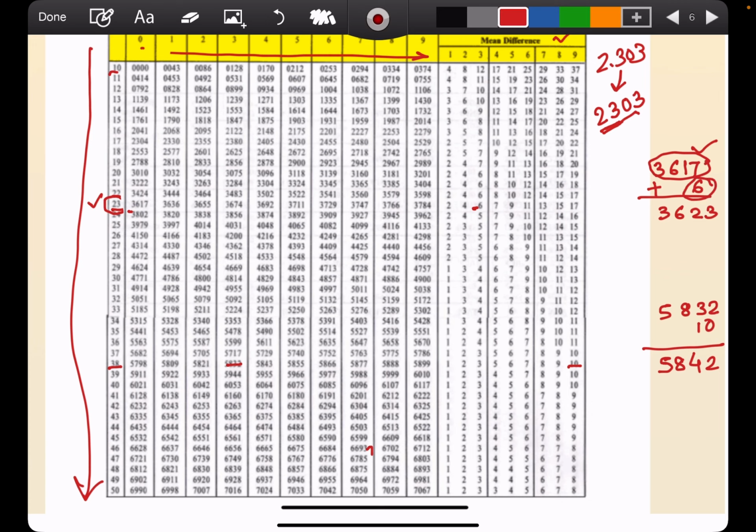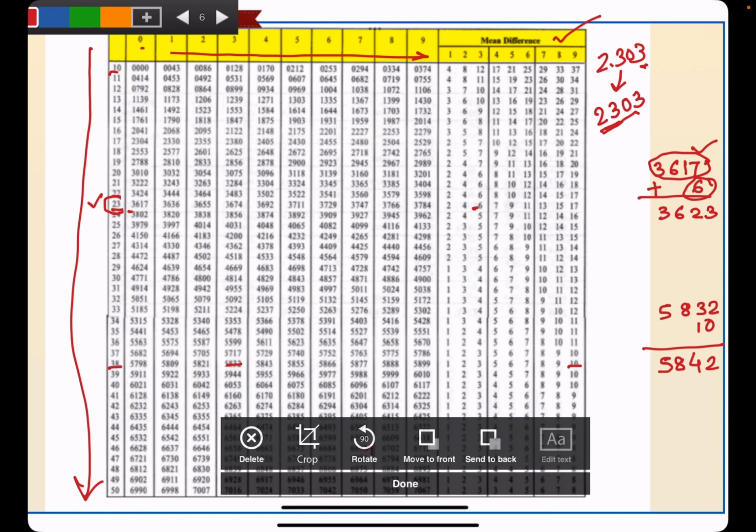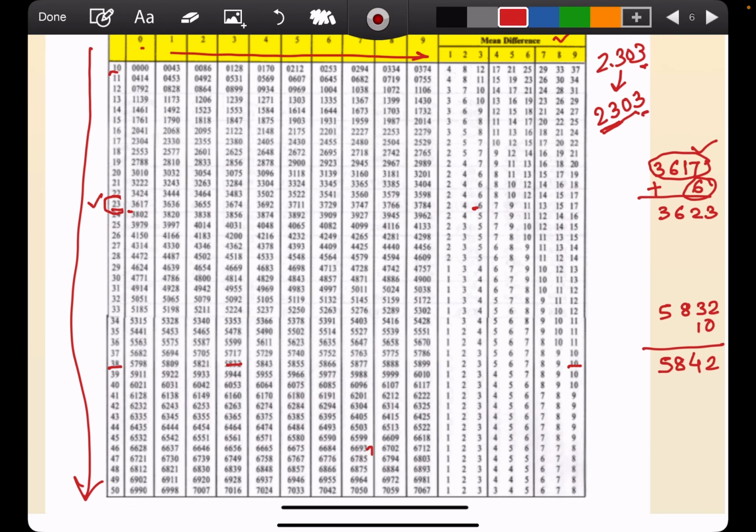How? For mean differences, we have to refer to the last digit, that is, 3. Now 3 is here in the mean differences, and if you look at the corresponding value in the same row, you will get 6. So I add 6 to this and you get 3623.